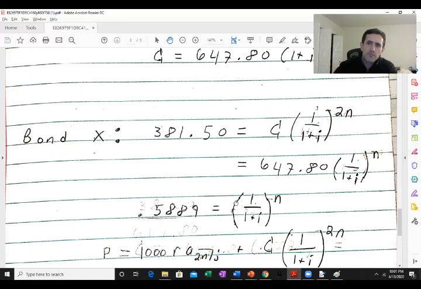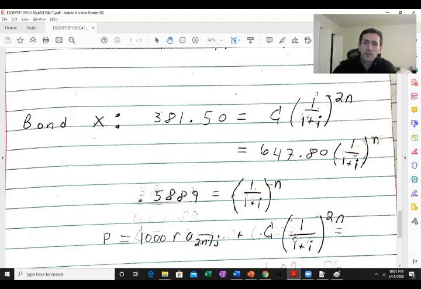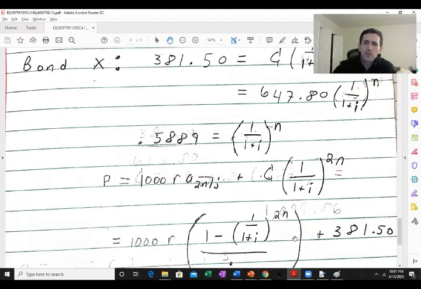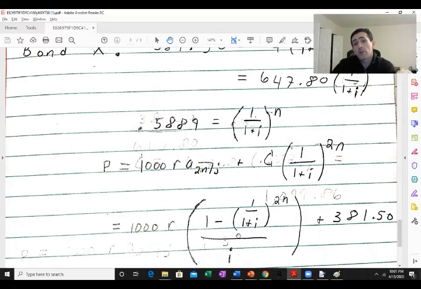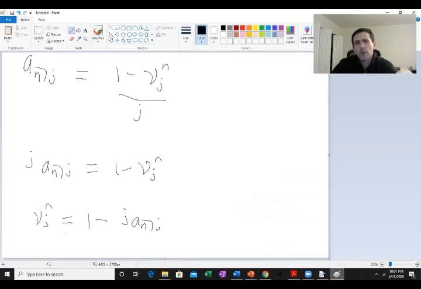All right. So actually, we know this is $381.50. So this here is 381.50. Now let's just recall the formula, and we had it actually right here. 1 minus nu to the n, the present value factor, over i, if you forgot it.